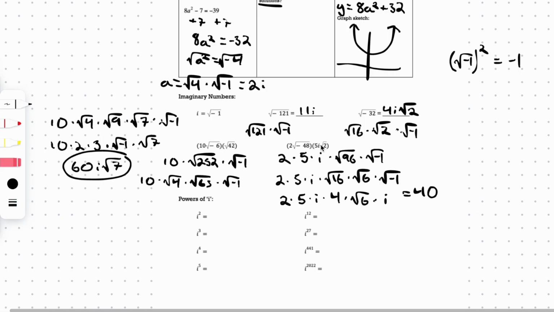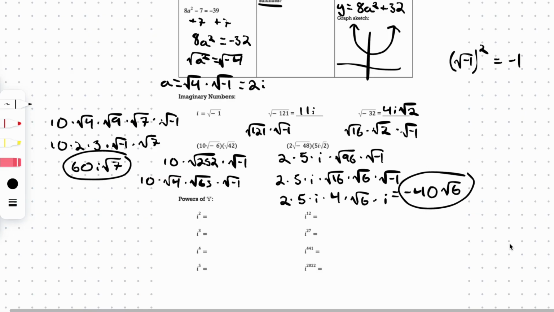So actually here, I'm going to put a negative sign. Negative 40. And then we still have this root 6. Okay, perfect. Let's circle this.